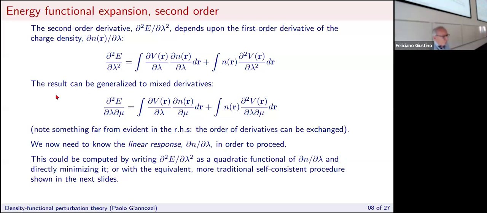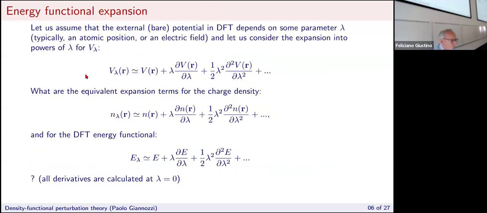Now, this can be found in two ways. Basically, one can go back to this expression. So write explicitly this second derivative of the energy as a function of this.